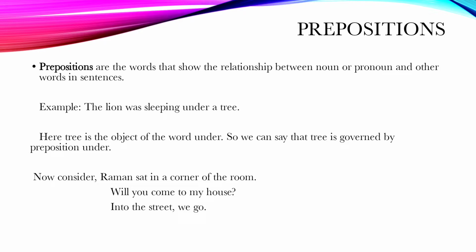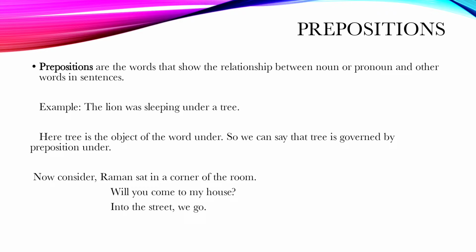So tree is the object of the word under. So we can say that tree is governed by the preposition under. What do you mean by governed? Govern means ruling. So the word tree is governed by the preposition under because it says under a tree.